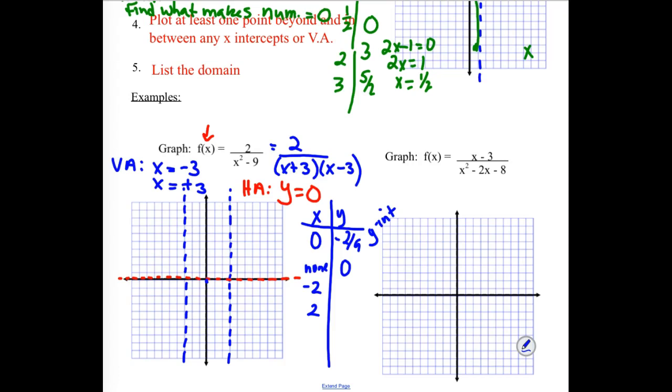Will I get different y values when I plug a negative 2 in versus a positive 2 for this particular problem? No, because I'm squaring that, right? The x is getting squared. So putting a negative 2 or a positive 2 in there is going to turn this into a 4, right? 4 minus 9 is negative 5. So I have negative 2/5.